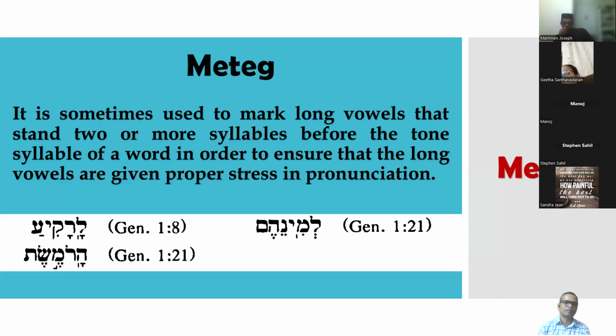Yes, sir. Understood. So here, if you see Lara Kia, the first letter, Lamed, is carrying kamets. Along with kamets, you see a methek. The purpose of this methek is to stress the long vowel along with the tone syllable, the accented syllable, which is the last syllable. Second example, haromeshet. Shet is the accented syllable. Along with that, you give stress to ha.